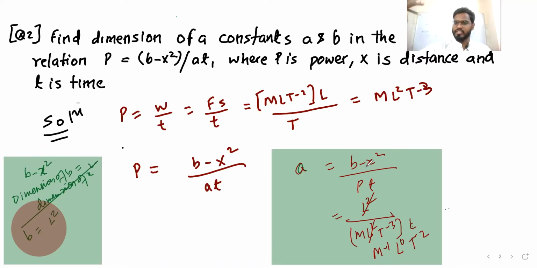M will go up, so M minus 1. L is not there, so L 0, and T to the power plus 2, because here it is divided by time, right? Time is T. So this will become minus 2, this will go up, it will become plus 2. So this is the dimensional formula of A.